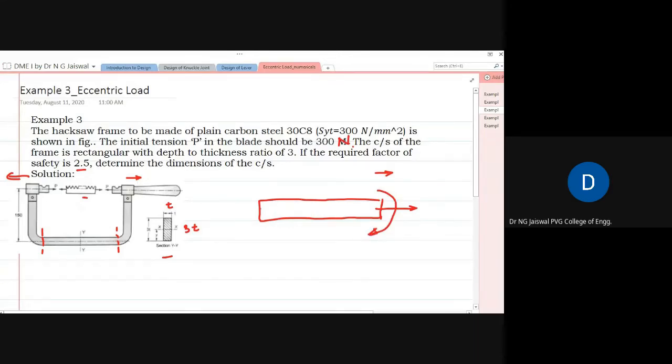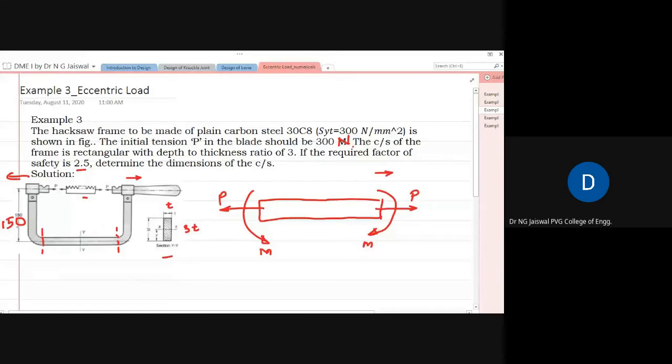Of course, if you want to show it on the other side, you can show it this way. This is now M, and this is P. Now you know how much M is. M is the distance to which you transfer it. If it is not visible to you, let me write here that this distance is given as 150 mm.